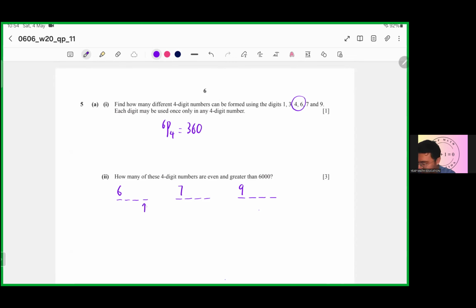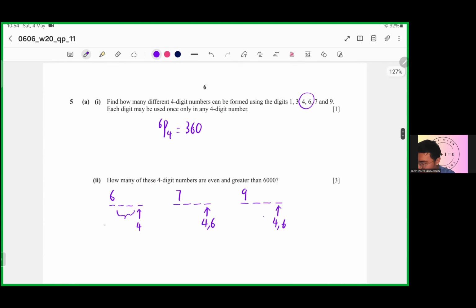So in here only 4 can use. And here we can use numbers 4 and 6, and here also numbers 4 and 6. And for these two spaces, we can use 1, 3, 7, and 9.